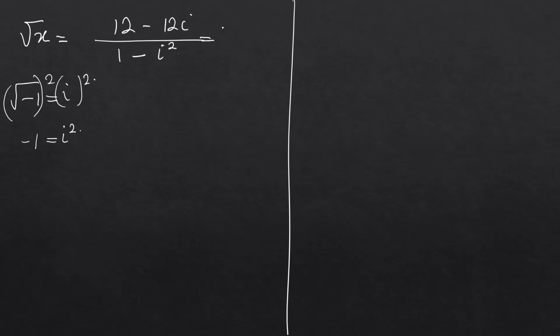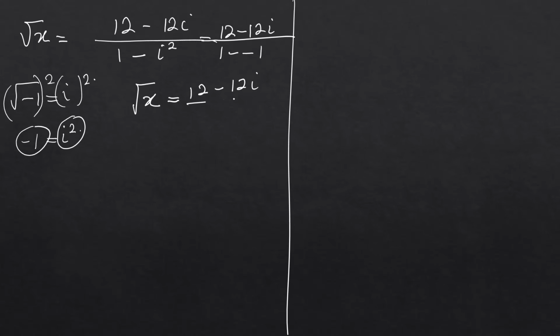which is going to be 12 minus 12i all over 1 minus, remember i squared is what? Minus 1. So this is minus 1. So this is root x is going to be equal to 12 minus 12i all over 1 plus 1.